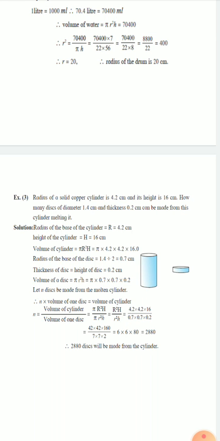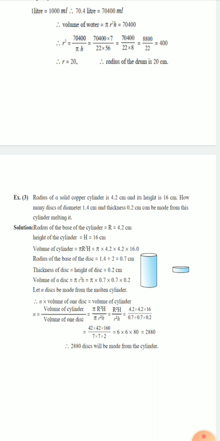Okay, see, the radius of the base of the cylinder is given as 4.2 centimeter. As there are two dimensions here, first the radius of the cylinder and second the radius of the disc, and similarly the height of the cylinder and the height of the disc, what I will do is use capital R for the radius of the base of the cylinder, and small r for the radius of the base of the disc.